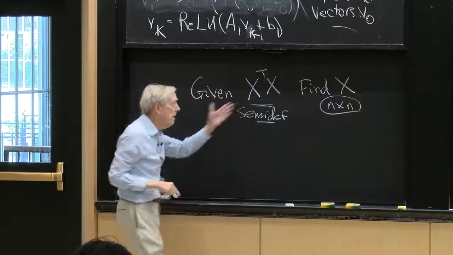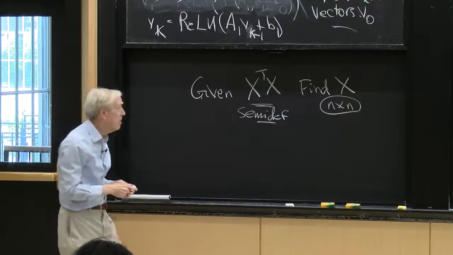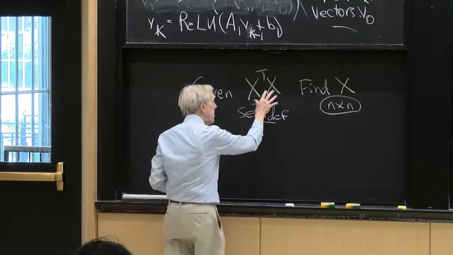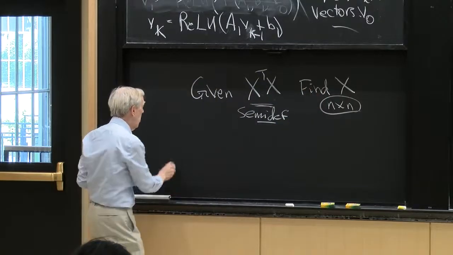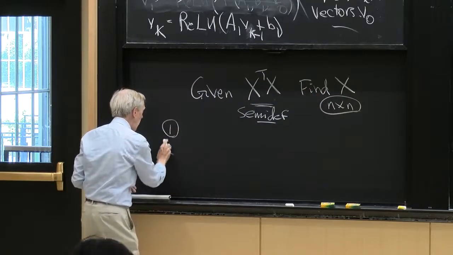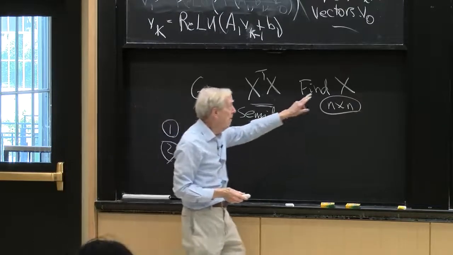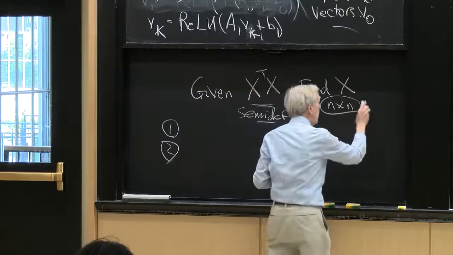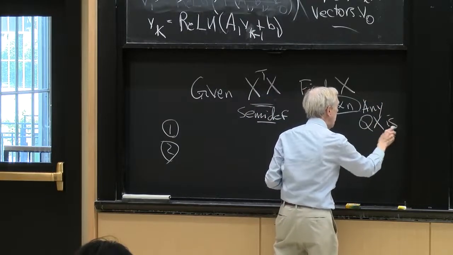So I'm given a semi-definite matrix, and I want to find a square root, you could say. That matrix is the x transpose x, and I want to find x. I think there are 2 leading candidates. There are many candidates, because if you find one, then any Qx is okay.